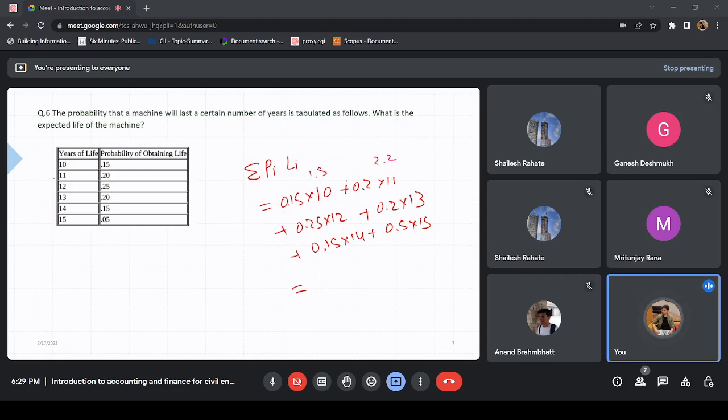This is 2.2. This is 4, right? No, 3. And this becomes 2.6. This becomes 2.1. 15 into 0.5, 7.5. So sum is somewhere around 19.3. Is it coming 19.3?